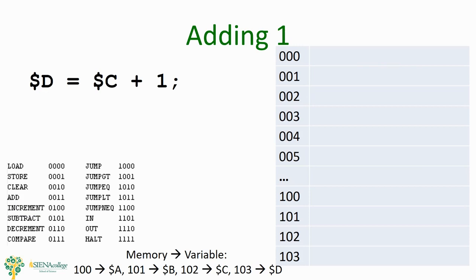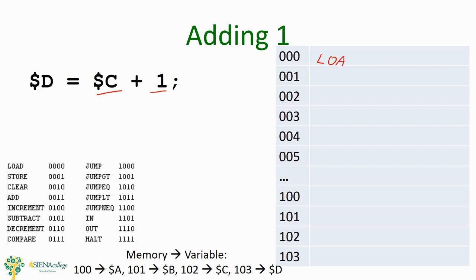Let's try adding one to C. So what we're going to do is a little bit different than the others. We're going to take C, put it in the register, store it into D, and then add one to it.